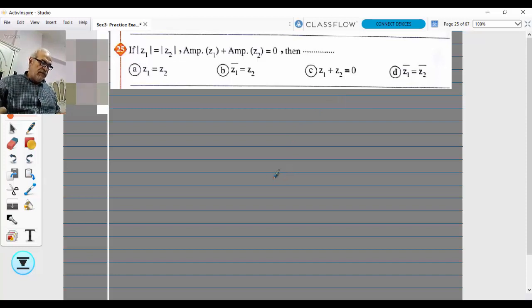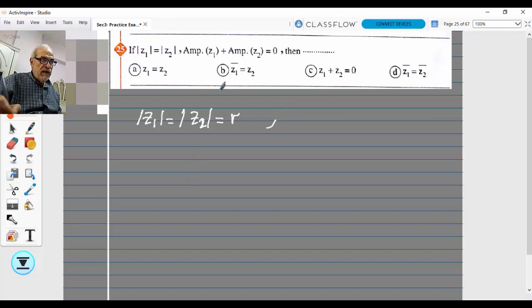Now we have the absolute of Z1 equals the absolute of Z2 equals R, the modulus of each of the two complex numbers. And the amplitudes sum theta 1 plus theta 2 equals 0.